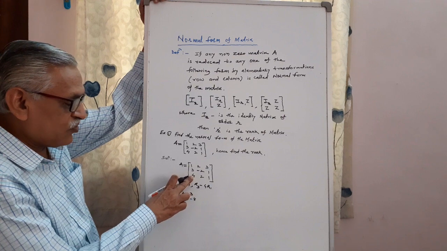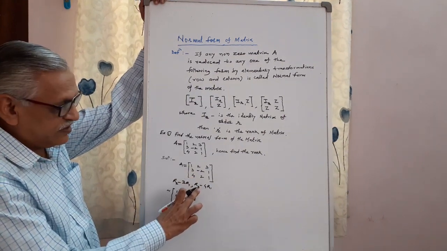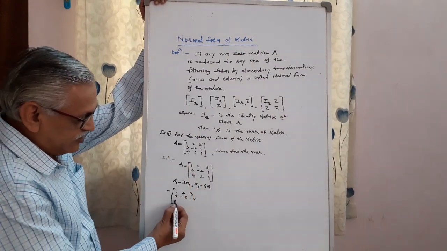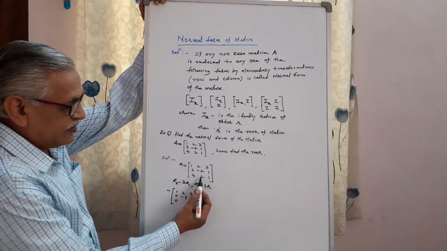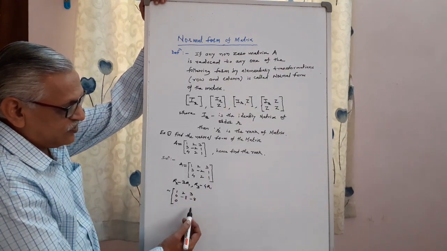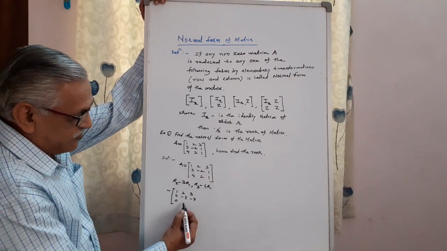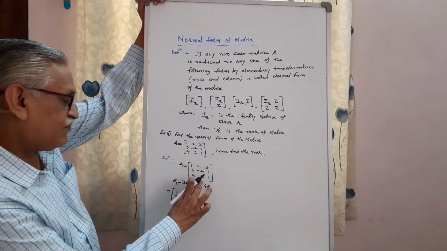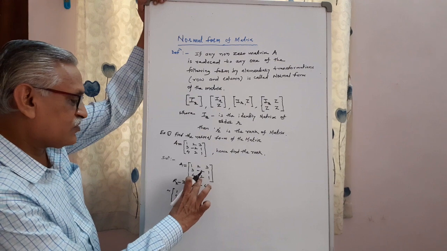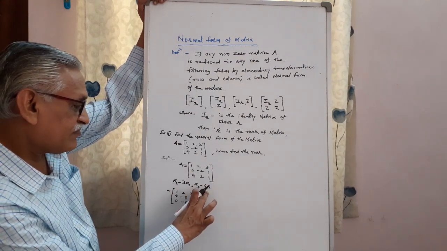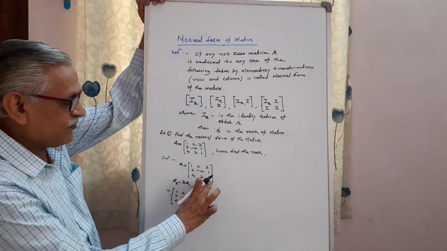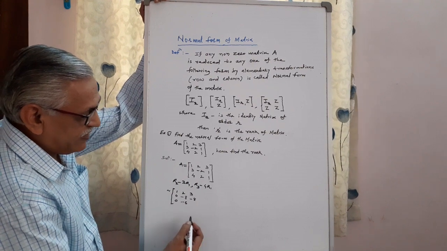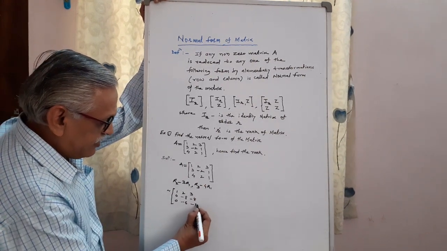Then converting this 4 to 0 using the second transformation, R3 minus 4R1: 4 minus 4 times 1, we get 0 here. Then 2 minus 4 times 2 means 2 minus 8, minus 6. Then 1 minus 4 times 3 is 12, 1 minus 12, we get minus 11.